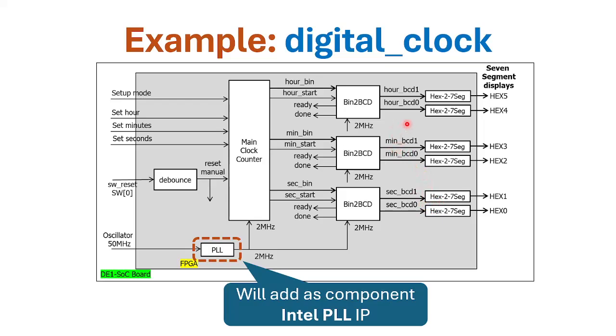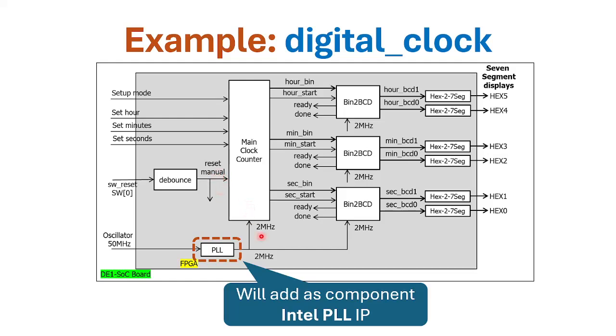So I will demonstrate how to create a PLL IP in a Quartus II project by looking at a specific example, the digital clock, which is a really simple design in that it implements a clock that counts seconds, minutes, and hours and displays them on the 7-segment LEDs that we have on the DE1-SoC board.